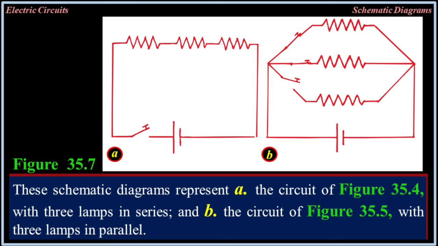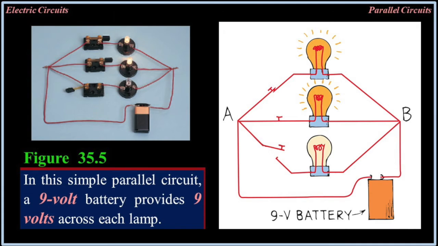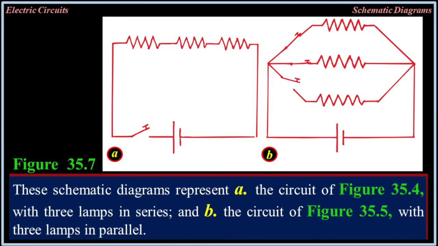And then next, B, the circuit of figure 35.5 with 3 lamps in parallel. In this simple parallel circuit, a 9-volt battery provides 9 volts across each lamp. So study that carefully.